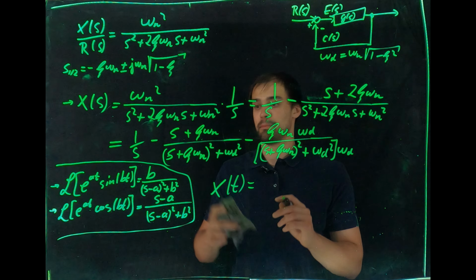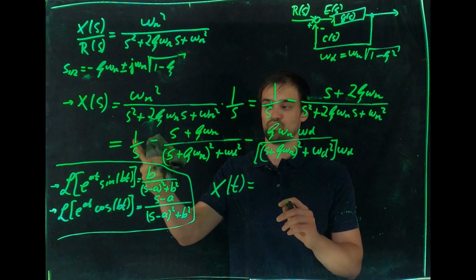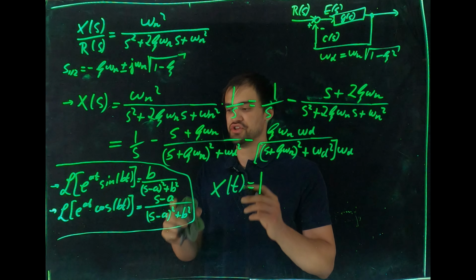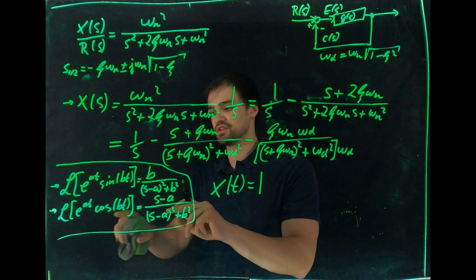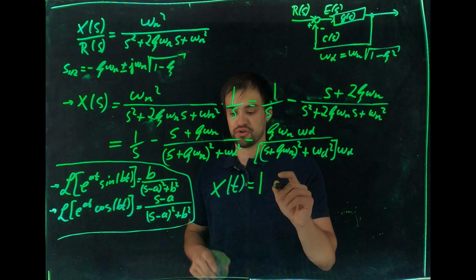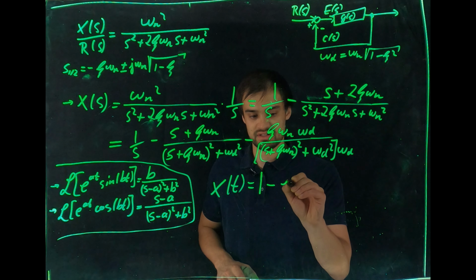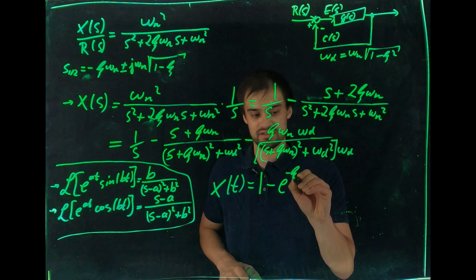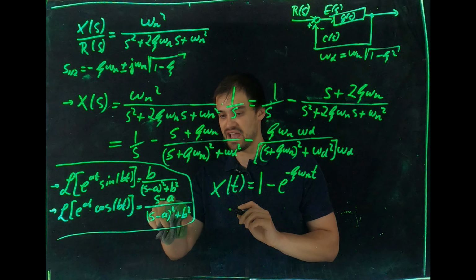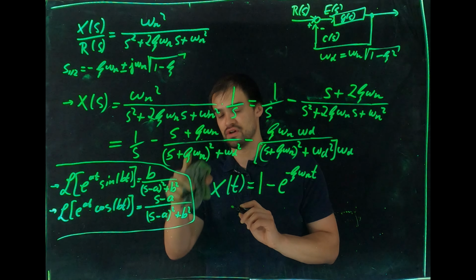on 1 over s, which is simply 1. And I can look at this term. This is looking more like the cosine rule because I have two things in the numerator, and it's going to be minus e to the power of minus zeta omega_n multiplied by the time, because the a in our case should be negative, but it's positive.